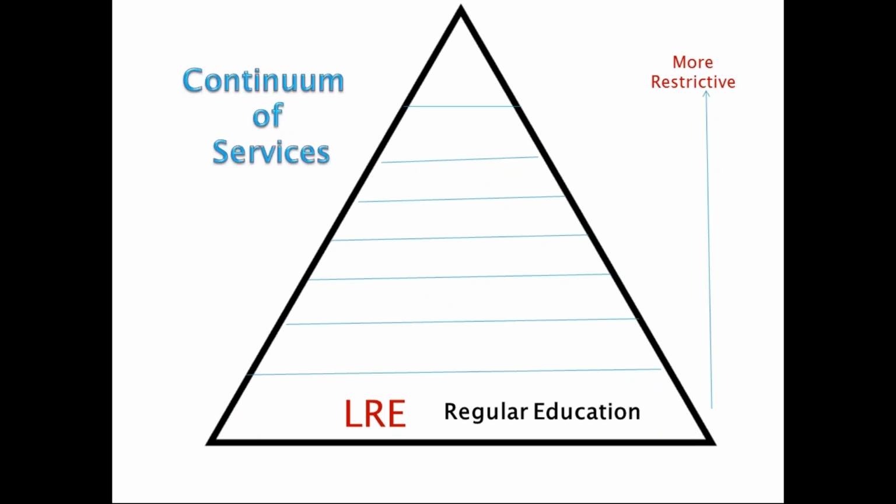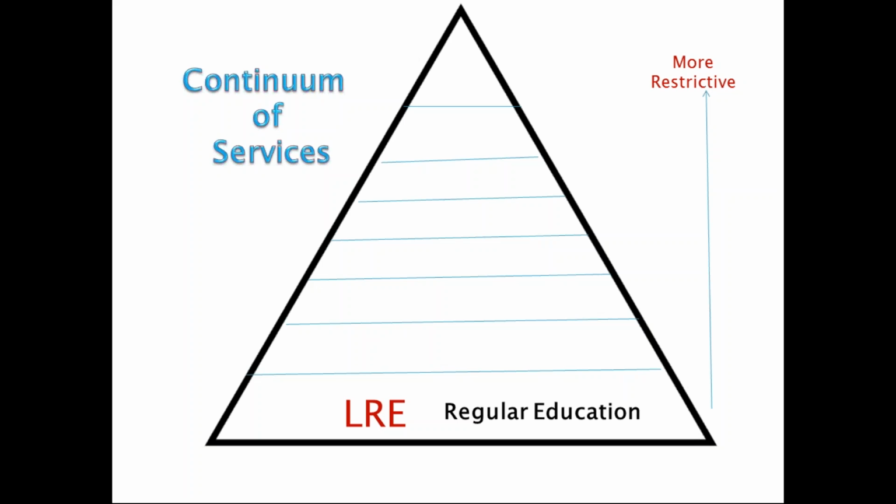As you look at the Continuum of Services triangle, you will see that the least restrictive environment, or LRE, is at the bottom. The bottom of the triangle, which is the largest part, represents where the majority of all children in the school are educated, and that is the regular education classroom. As you go up the triangle, it gets smaller, and each line represents a more restrictive environment for classified children to be educated in, because each step has fewer, if any, regular education students in it.